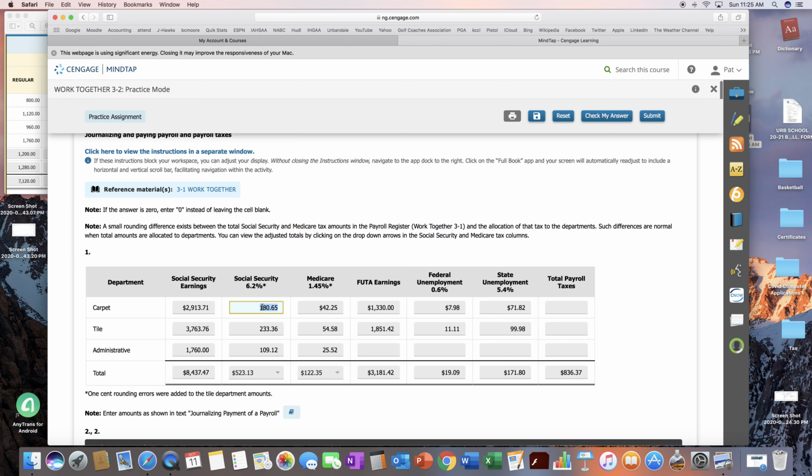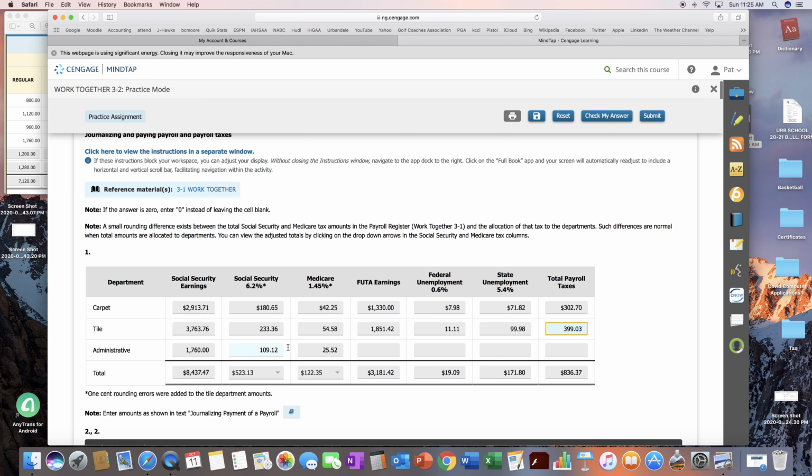So you're adding up Social Security, Medicare, unemployment for both federal and state. And when you do that, you get 302.70. You're going to take Social Security tax, Medicare, unemployment, and you get 399.03.